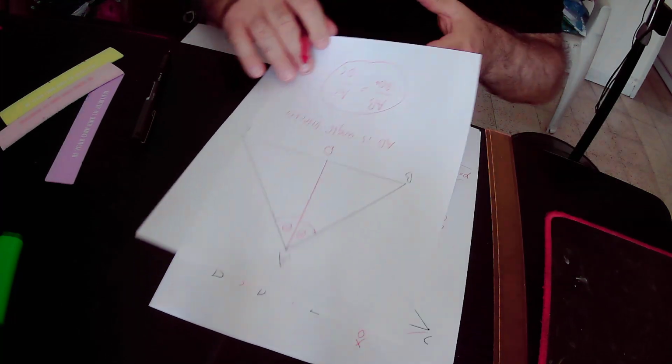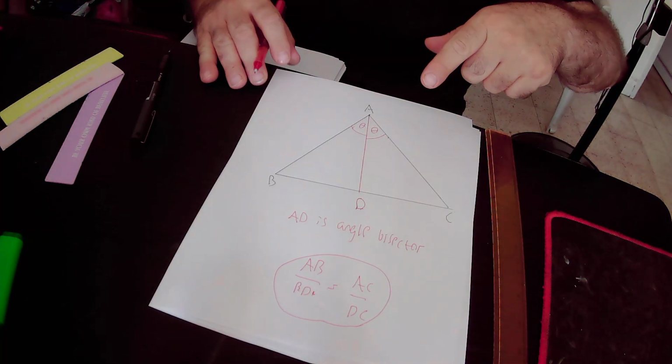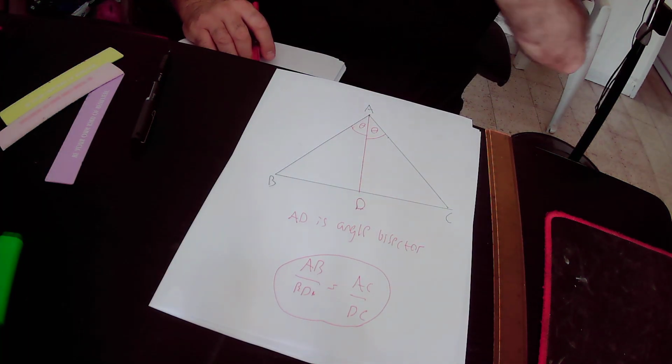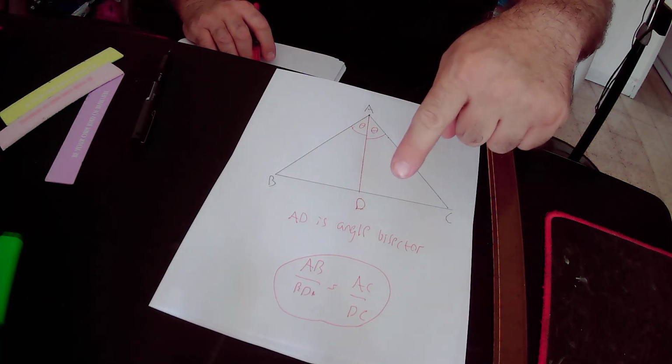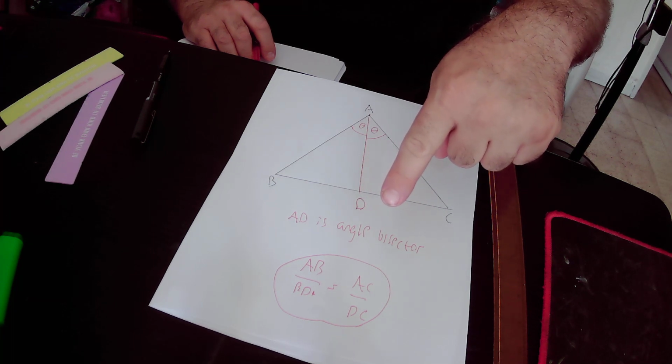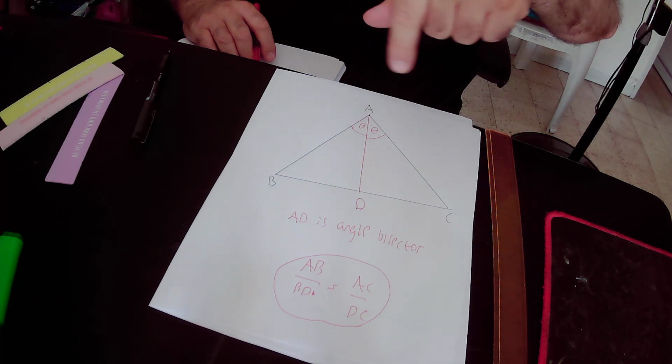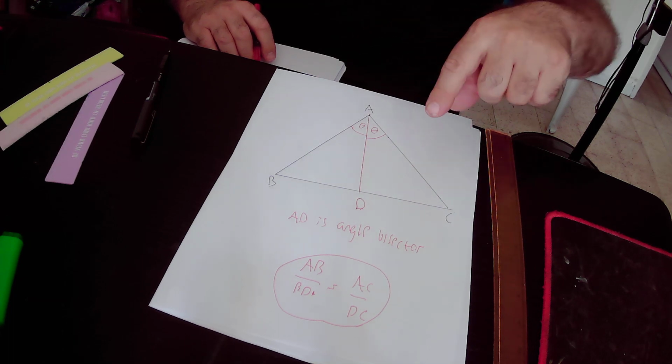Again, if you have triangle ABC and AD is angle bisector, then AB over BD equals AC over DC.